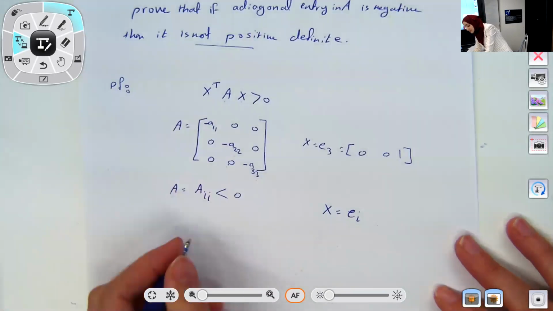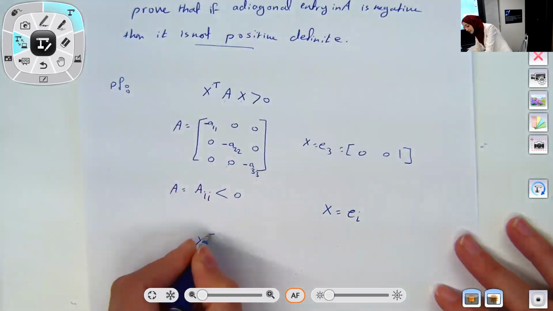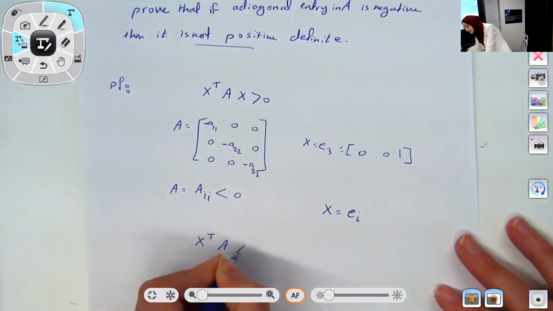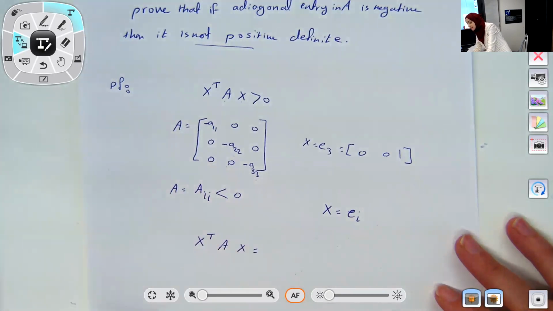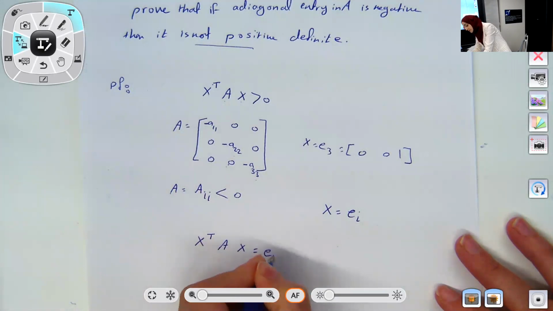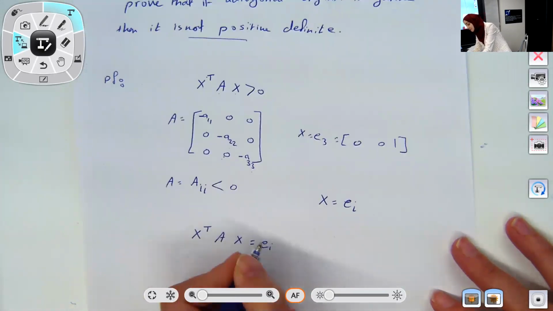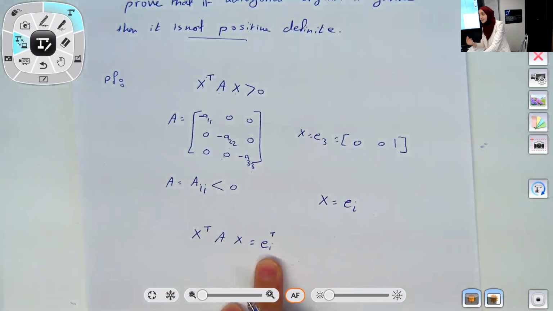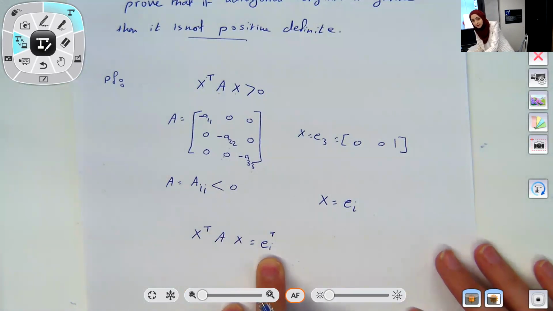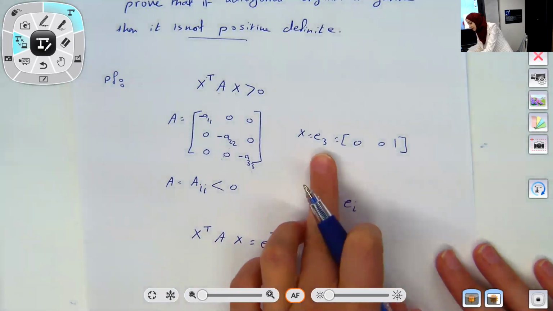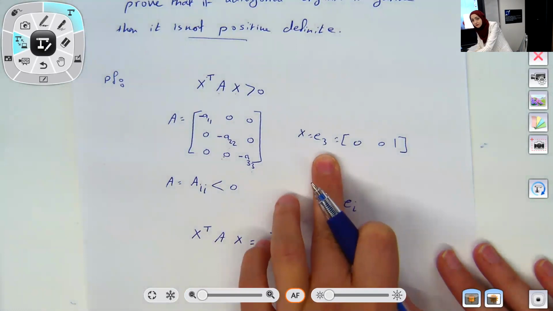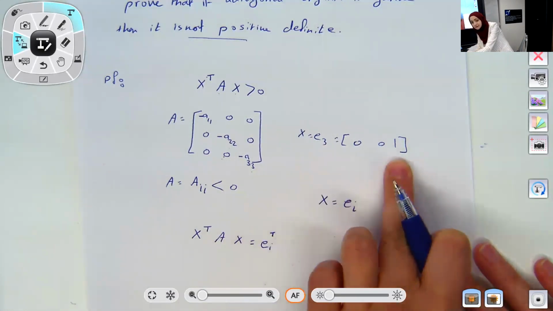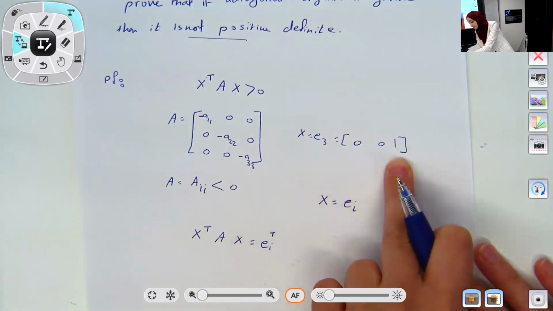The unit vector e_i is equal to 0 all the time, except at entry i, where it equals 1. Here e_3 is 0 except in the third entry, which is 1.